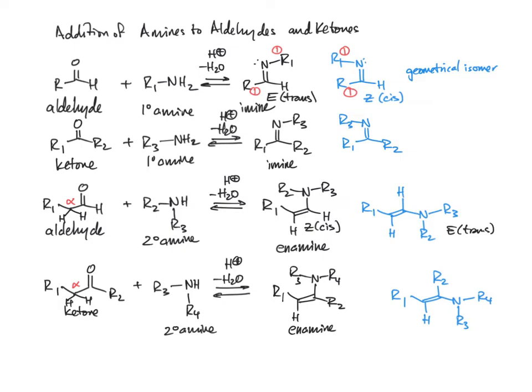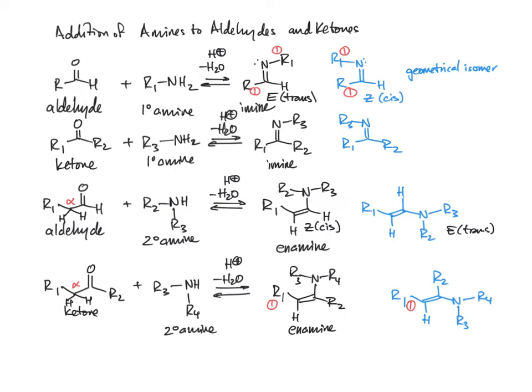So we have carbon, H. Carbon is getting the number one priority, so we'll do that for both of these here. Then over here we have carbon, nitrogen.